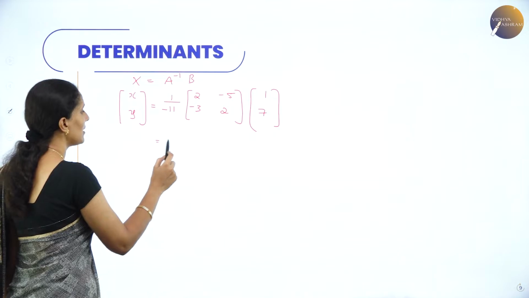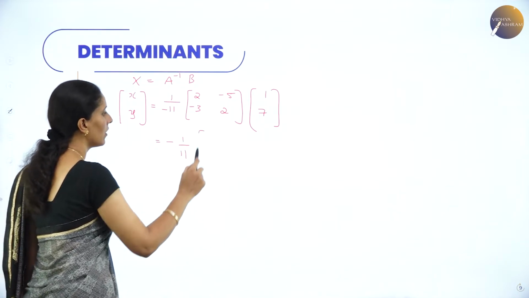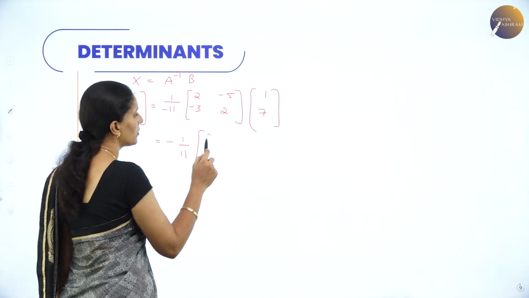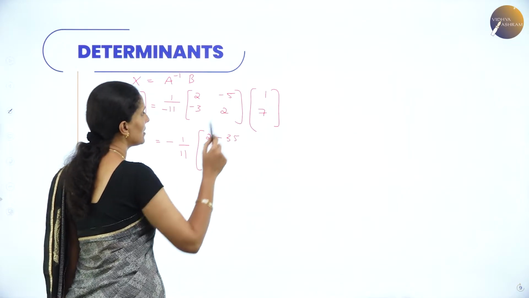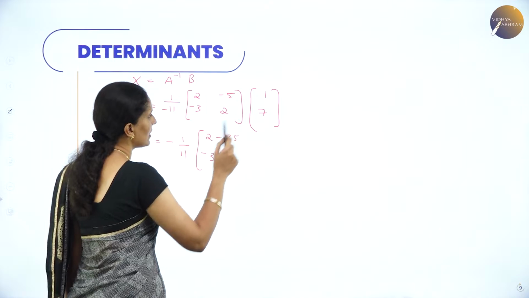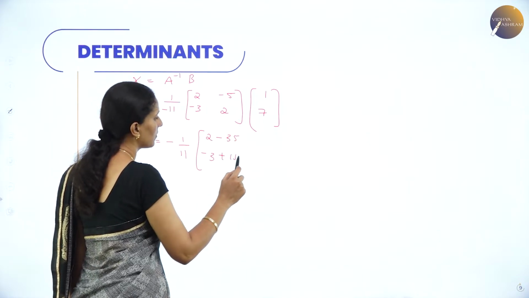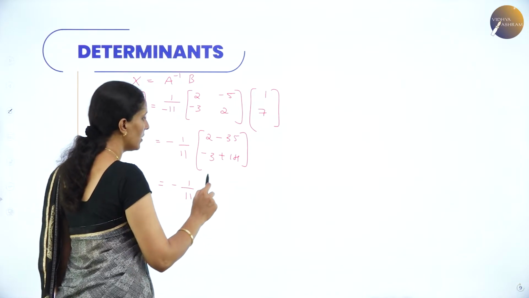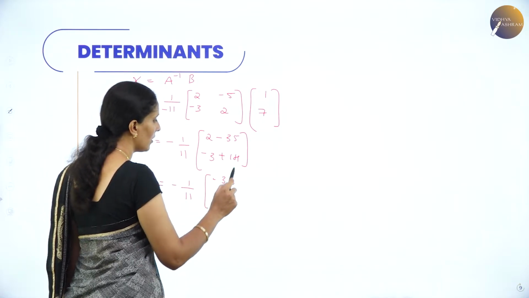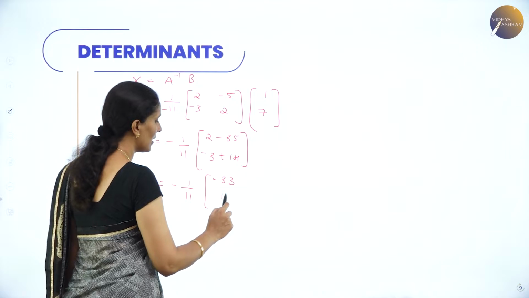Let's solve this. Let's keep this constant outside. Multiply this. 2 1s are 2, minus 7 5s are 35. Next minus 3 into 1, minus 3, 7 2s are 14. So, solving this, we have minus 1 by 11, and here we get minus 33. So, 14 minus 3 is 11.